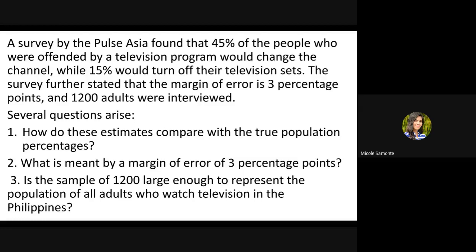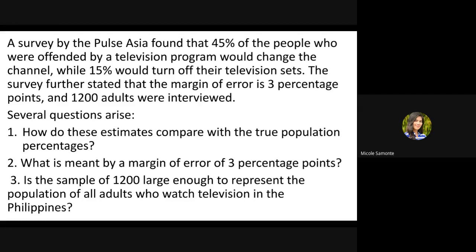Suppose we have here a survey. A survey of the Pulse Asia found that 45% of the people who were offended by a television program would change the channel, while 15% would turn off their television sets. The survey further stated that the margin of error is 3 percentage points, and 1,200 adults were interviewed.